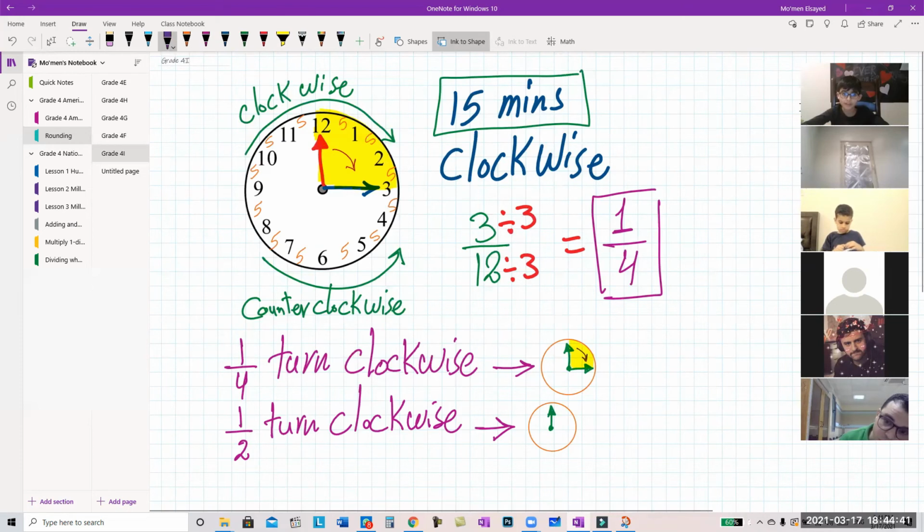Clockwise means the direction, right? And half turn means we're going to make half. So what is the new position of the minute's hand here?